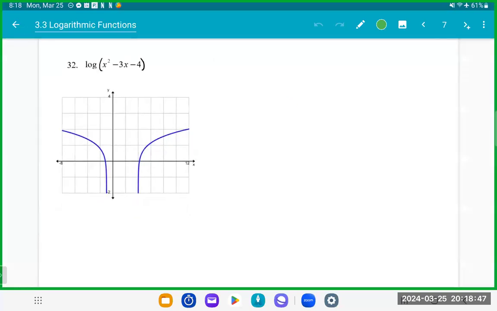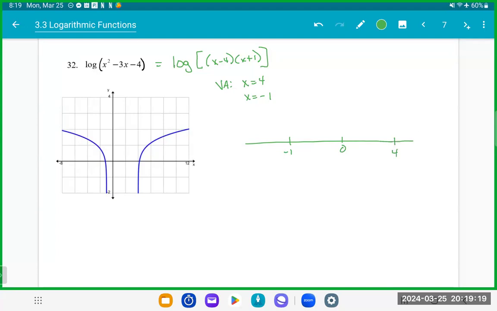All right, so the last thing that we have here is the same as saying the log of, and we can factor this. This is (x - 4)(x + 1), okay? So I can see I have vertical asymptotes at x equals 4 and x equals -1. If we look at those as our boundary points, we have -1, 0 is here, and 4 is here, right?